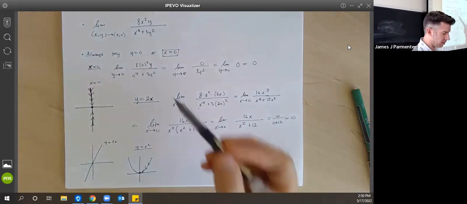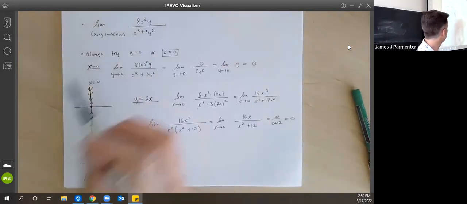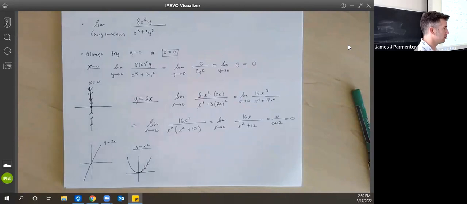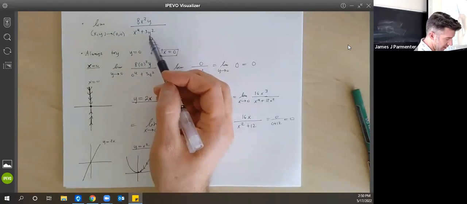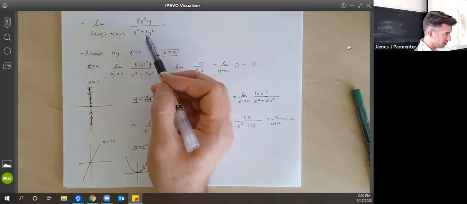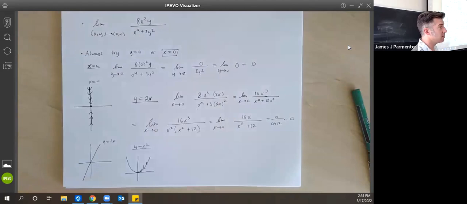So if I pick y equal to x squared, what's my power on top going to be? X to the what? And if I put y equal to x squared on the bottom, I'm going to get x to the 4th plus 3x to the 4th. So that's a good indicator that it's probably going to work because the degrees on top and the bottom are all going to be the same.